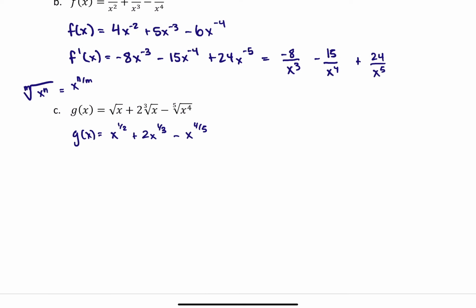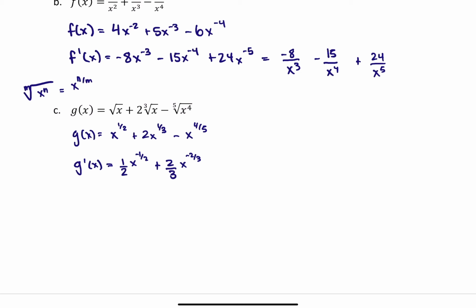So when we calculate this derivative, we're going to get g prime, or the first derivative of g, is 1/2 times x to the 1/2 minus 1. It's going to be negative 1/2. And then we're going to get plus 2 times 1/3, that's going to be 2/3 x to the 1 minus 3, so negative 2/3.